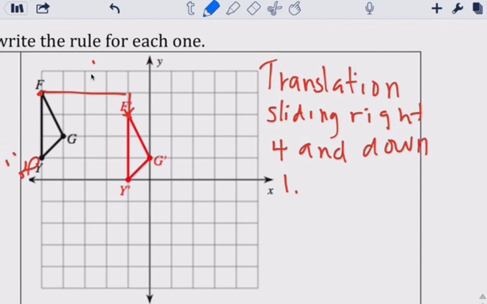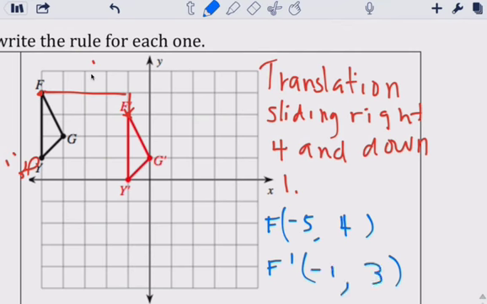Okay, so we'll use our F. F is at 5, 4. Negative. If you get your positive and negative wrong, you'll get your rules wrong. F prime is at -1, 3.